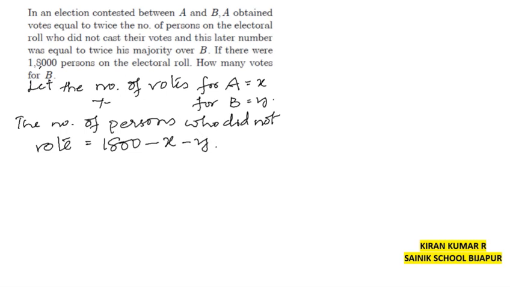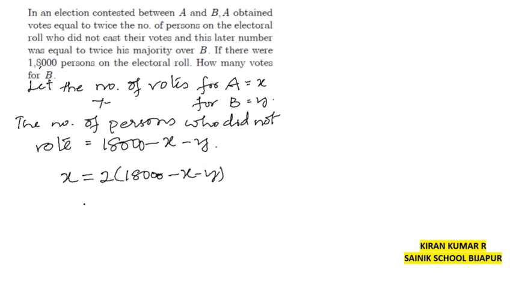Look at the condition here. A obtained votes equal to twice the number of persons on the electoral roll who did not cast their votes. So what does it mean? The number of votes A obtained was 2 times the number of persons who did not vote, which is 18,000 minus X minus Y, 2 times, isn't it?